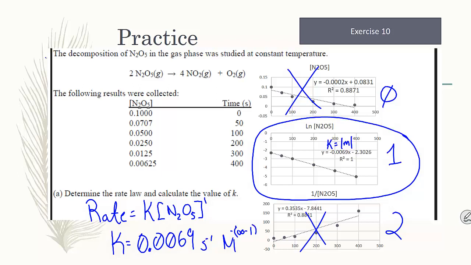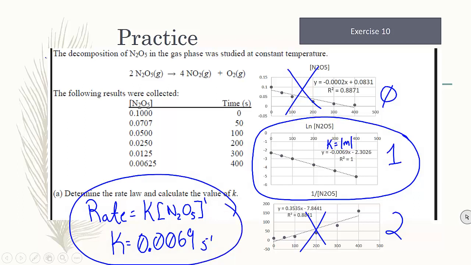Our overall order here is just 1, so 1 minus 1 is 0. So we have no molarities in our units. So our rate law is rate equals K times the concentration of dinitrogen pentoxide raised to the first. Our value of K is 0.0069 for each second.